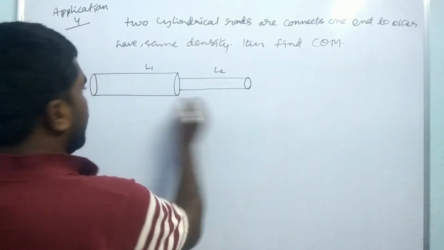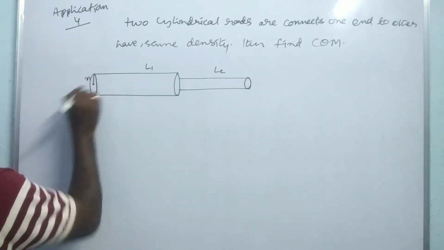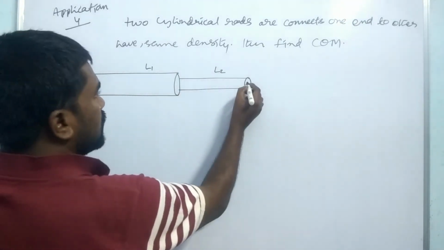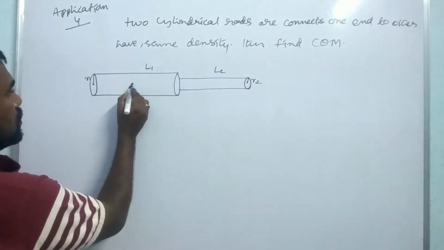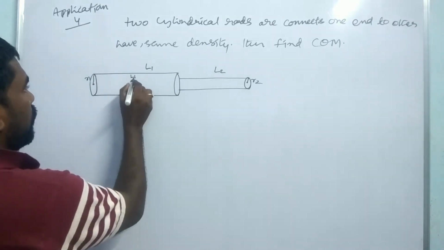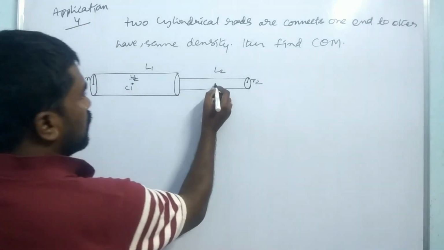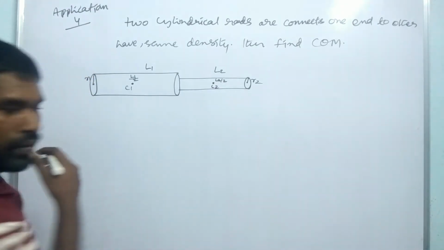The radius of the first cylinder is R1. The radius of the second cylinder is R2. The center of mass of the first rod, C1, is at the point L1 by 2. The center of mass of the second rod is at L2 by 2. This is C2.